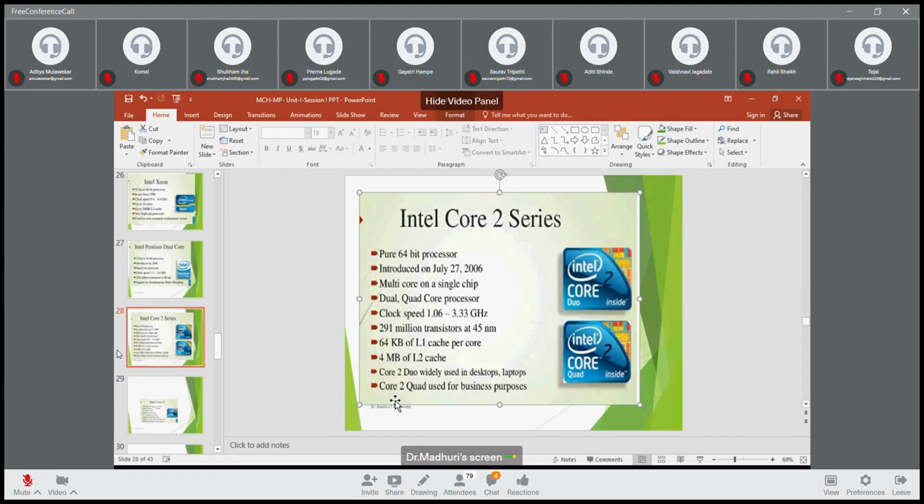The clock speed for this processor is 3.3 gigahertz at last. And 291 million transistors at 45 nanometer. So small. Now here you have the 64 KB L1 cache per core and 4 MB of.